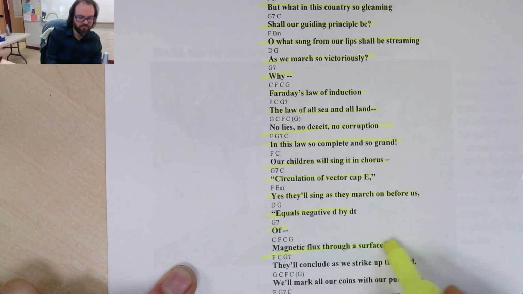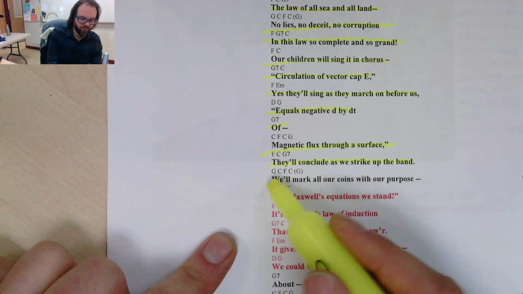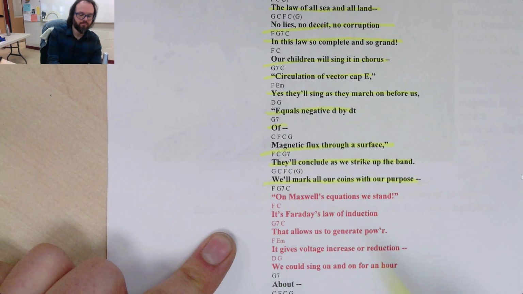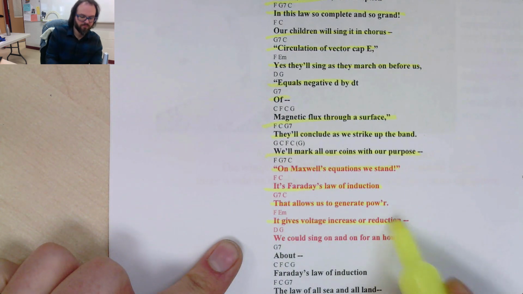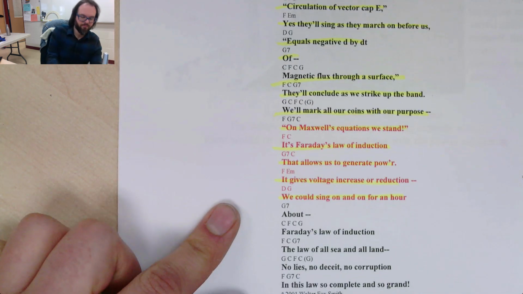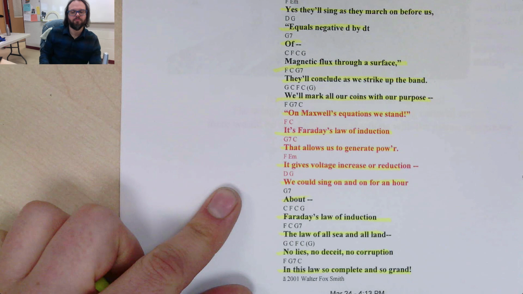Oh, magnetic flux through a surface, they'll conclude as we strike up the band. We'll mark all our points with our purpose, on Maxwell's equations we stand. It's Faraday's law of induction that allows us to generate power. It gives voltage increase or reduction. We could sing on and on for an hour about Faraday's law of induction, the law of all sea and all land. No lies, no deceit, no corruption, in this law so complete and so grand.